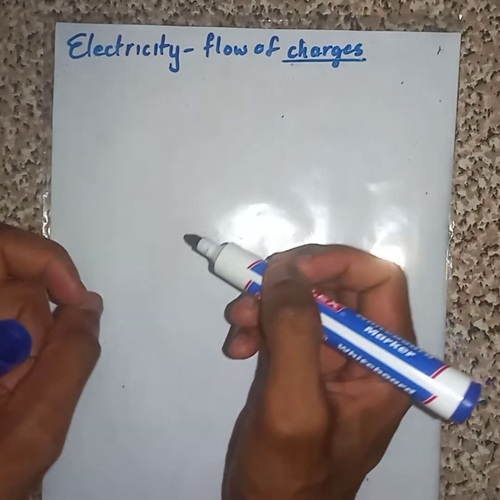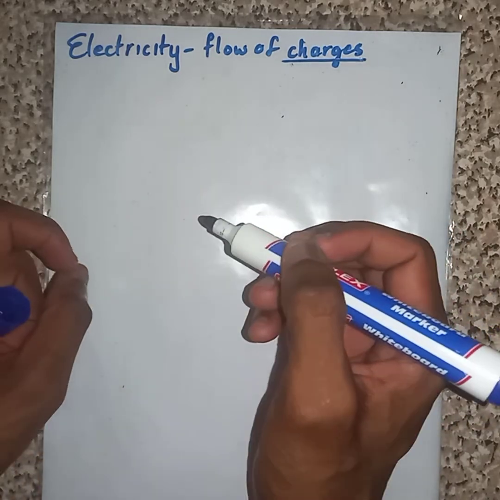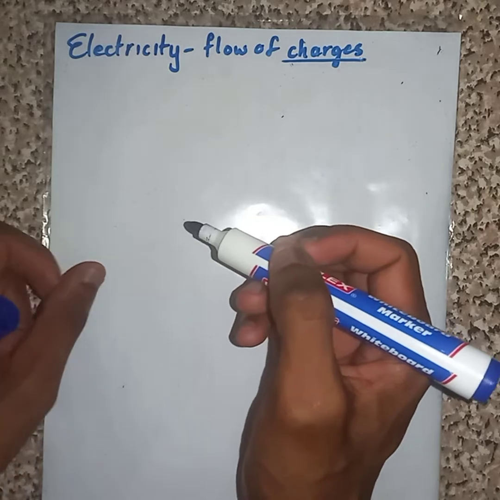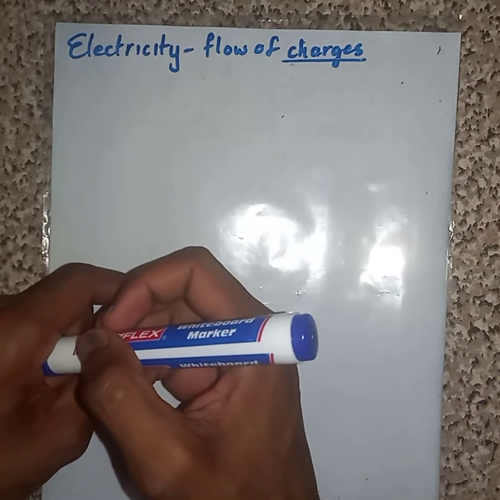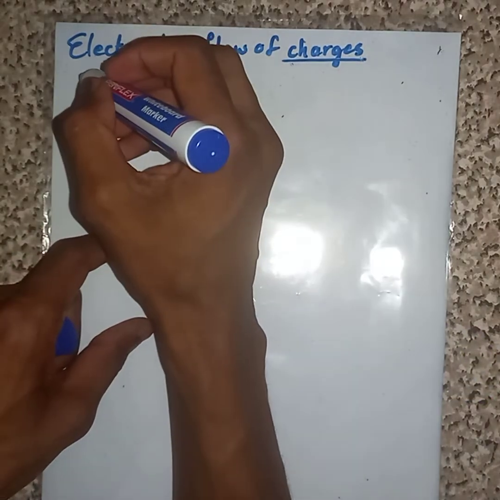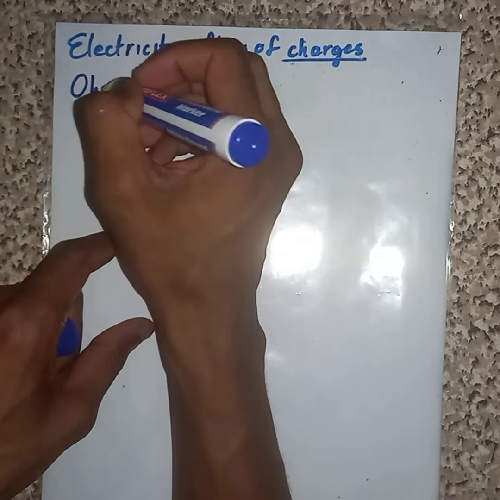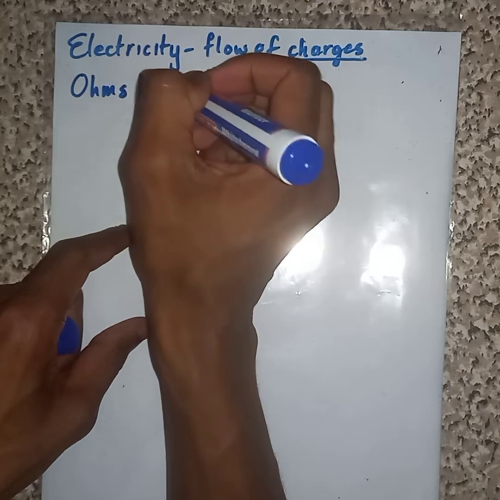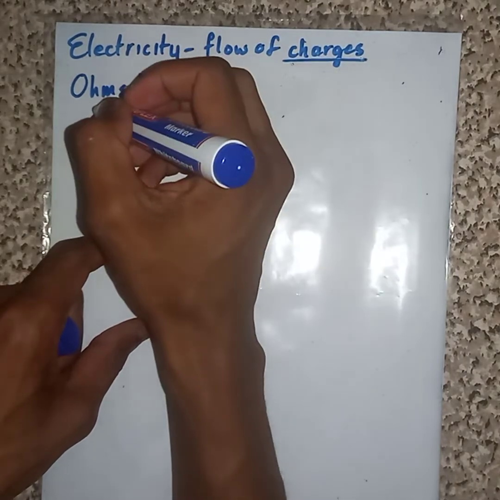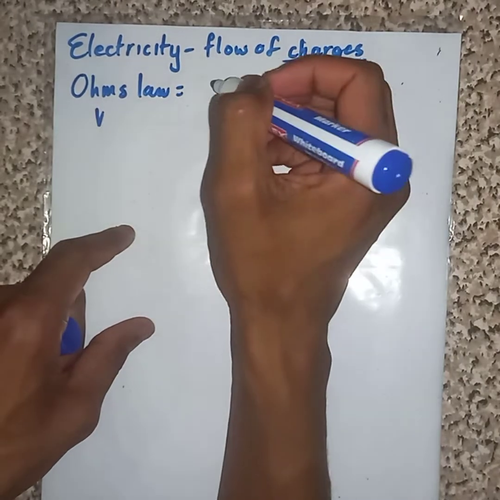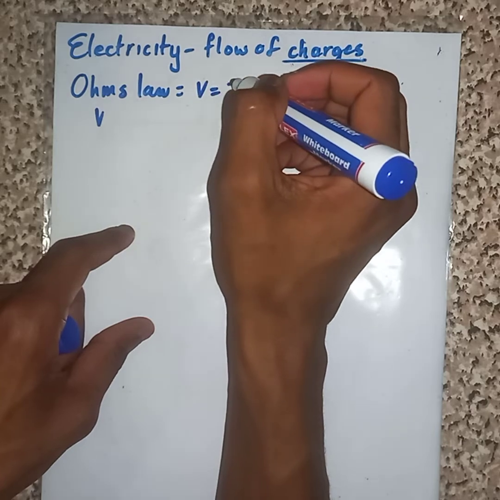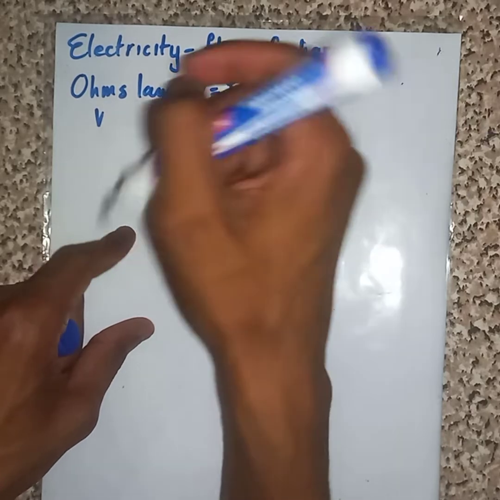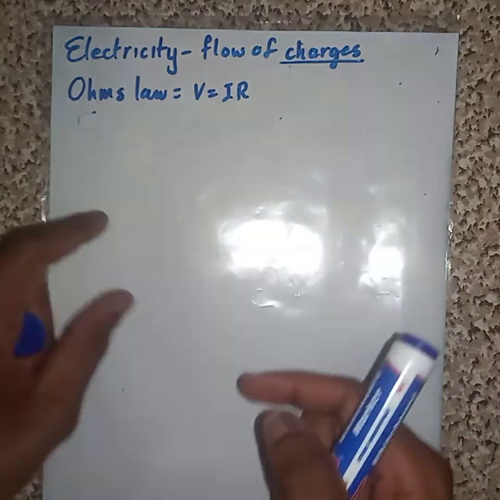Then now, since we know the definition of electricity, let us move to Ohm's law, which is given by V equals IR.